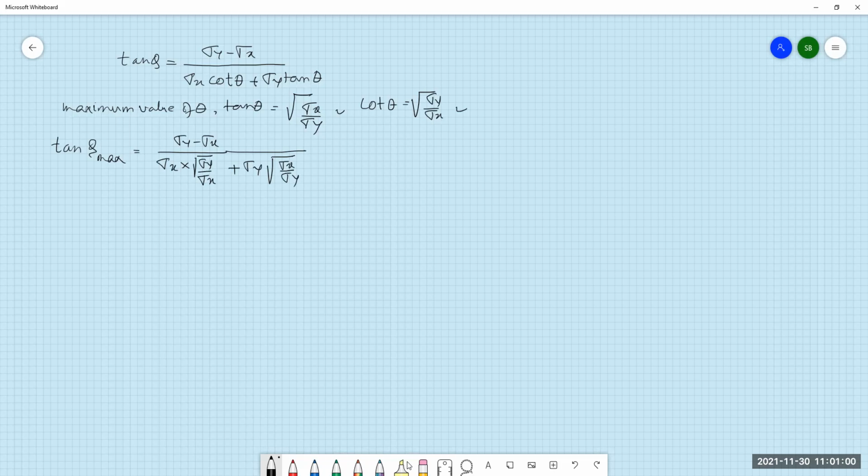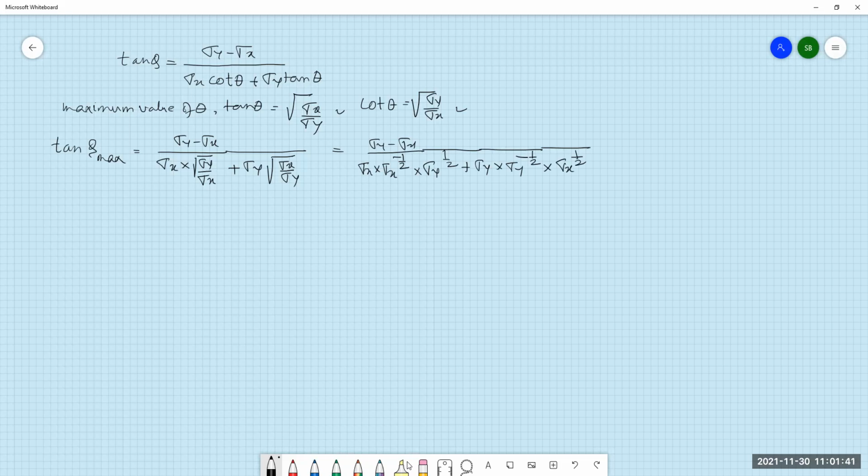So what will happen here? This portion remains as it is, sigma y minus sigma x, and this portion becomes sigma x multiplied by sigma x to the power minus half multiplied by sigma y to the power half, plus sigma y multiplied by sigma y to the power minus half multiplied by sigma x to the power half. We are just converting the square root as a half power.